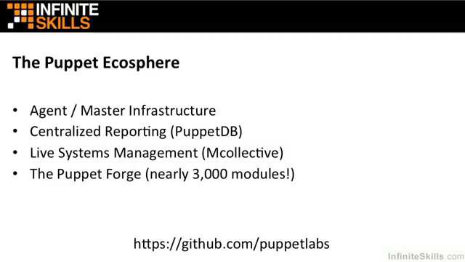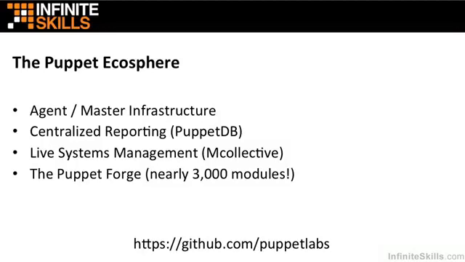Puppet masters can maintain the catalogs and the definitions of our infrastructure in a centralized and scalable manner. We can create a Puppet master infrastructure that will define and serve those definitions to tens to hundreds to thousands of individual agents running on server nodes.